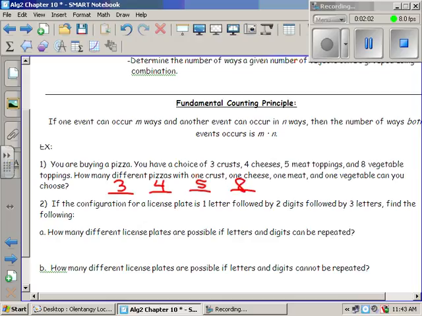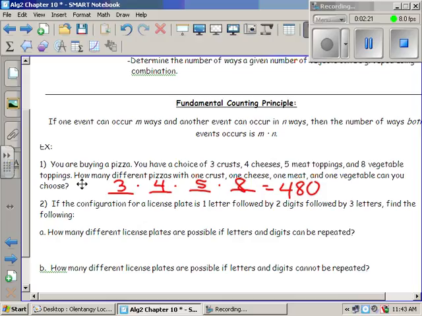To figure out how many total combinations that makes, I just multiply them together. 12, 60 times 8 is 480, right? So that would make 480 completely different pizzas. Okay?